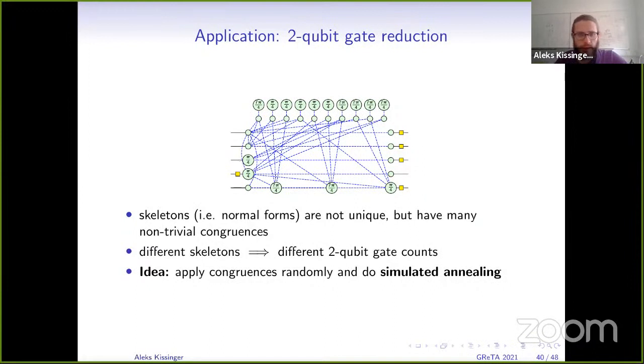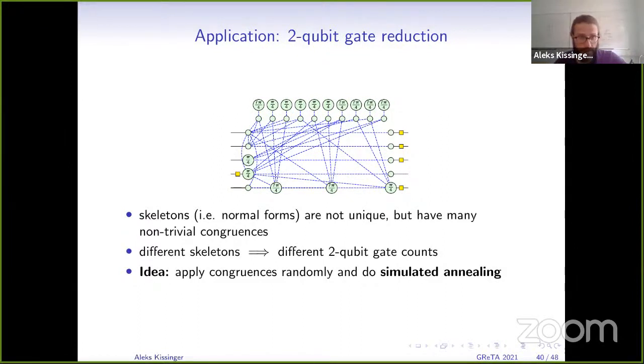If I rewrite this to another equivalent skeleton, it actually extracts differently. You can get drastically different 2-qubit gate counts depending on which equivalent version of the skeleton you have. So you can start to play around with this using classical optimization approaches.